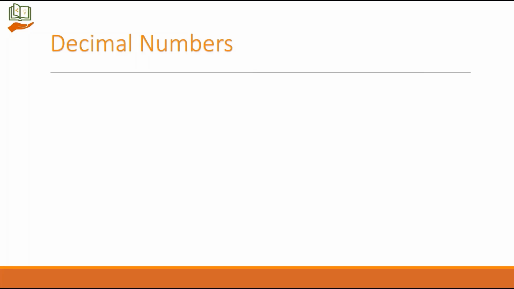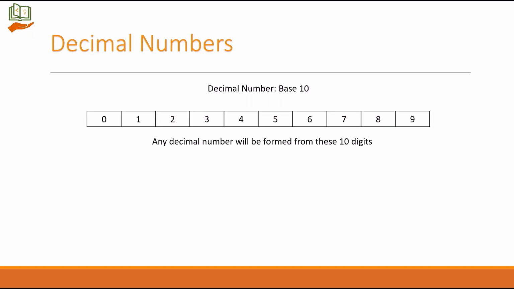Now we will understand what are decimal numbers. Though we know already, we will see it in the context of base. So decimal number is base 10. It has 10 digits. The digits start from 0 and go like 1, 2, 3, 4, 5, 6, 7, 8, 9. Now how will you represent 10 here? We will have 10, 11, 12, 13, 14, 15, 16, 17, 18 and 19.